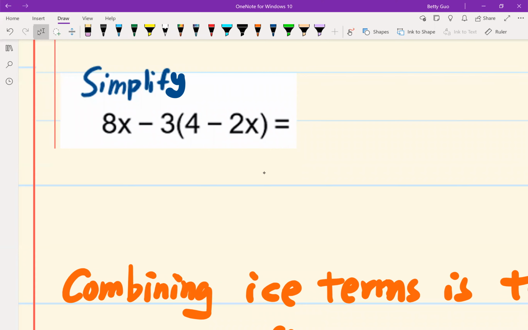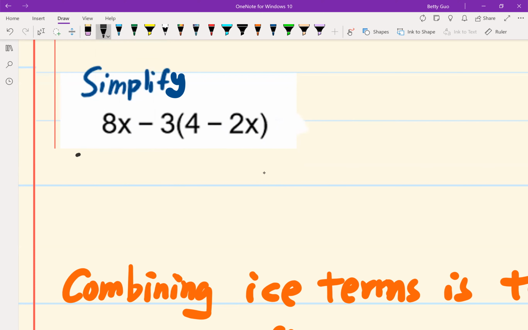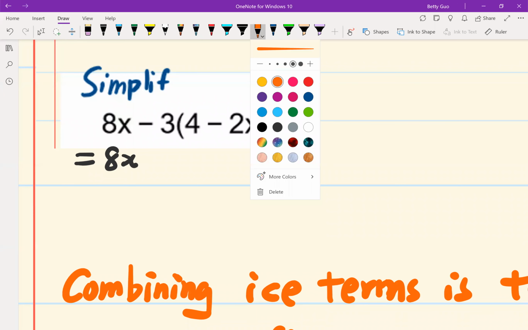Then we can see which ones we could combine. So firstly, I'm going to bring down 8x because I didn't change that part at all, right? And then when I distribute, I'm going to distribute the coefficient.